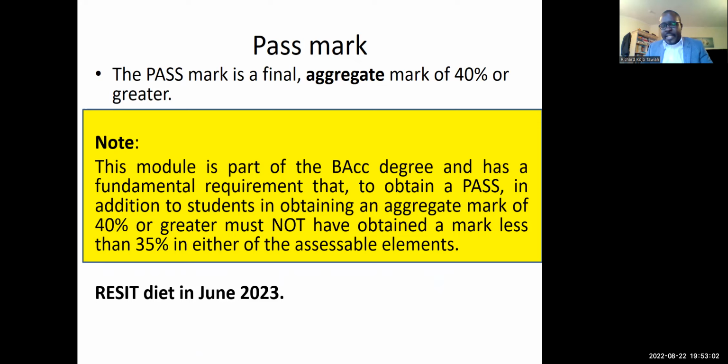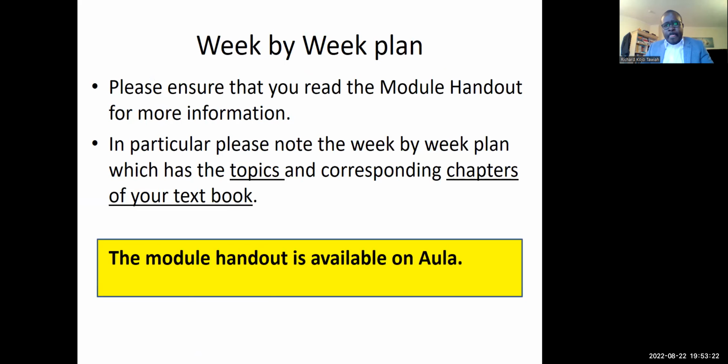You get it? If you get a higher mark in the class test, but in the exams, you get 35. Once the aggregate of your 35 in the exams and the class test is 40 and above, you pass. Usually, resit will be in June, July 2023, next year.